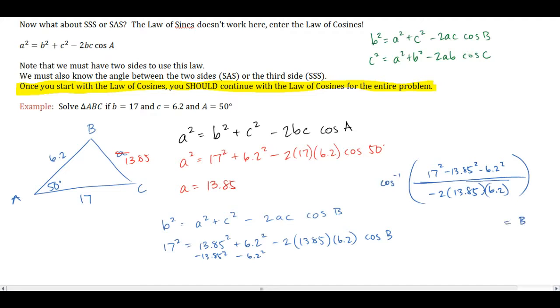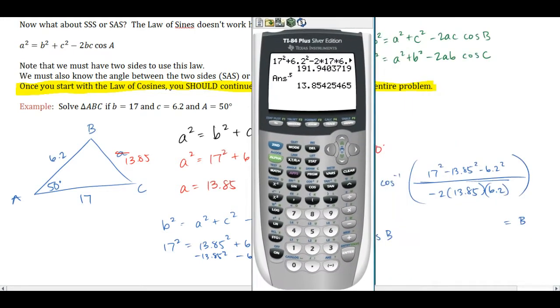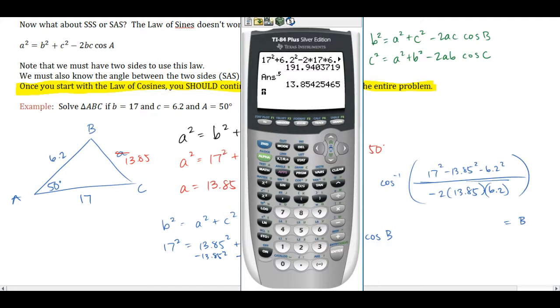And so let us see what Virtual Sheila has to show us. So I will arc cosine the fraction 17 squared minus 13.85 squared minus 6.2 squared all over negative 2 times 13.85 times 6.2.